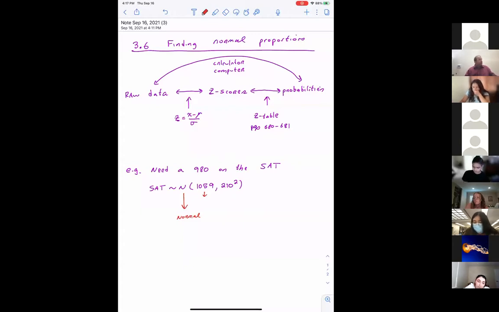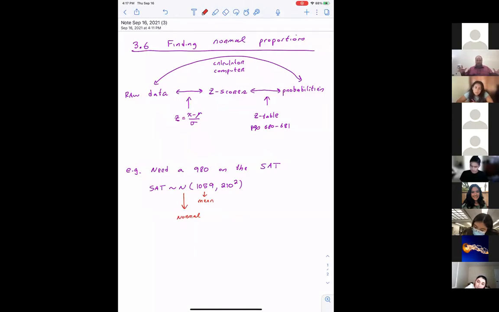Remember, for a normal, we need two numbers. Could it be the standard deviation? Not the standard deviation, but rather the mean. No, not the z-score. Z-scores are what you get when you transfer your data from your raw score using the formula that computes the z-score for your data.